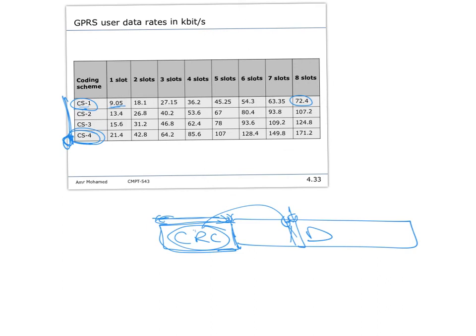Based on how many time slots it can have uplink and downlink, and what coding scheme is assigned to this mobile station, you can say the maximum data rate for uplink is that, and the maximum data rate for downlink is this. But in total, I can allocate uplink and downlink. Okay?